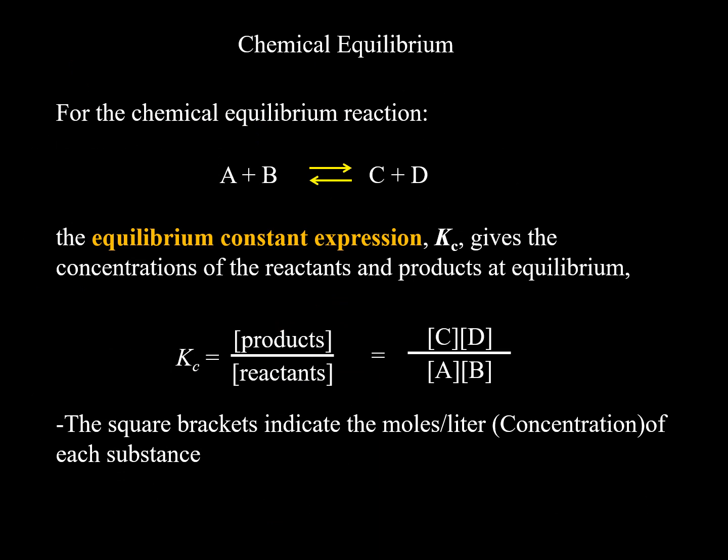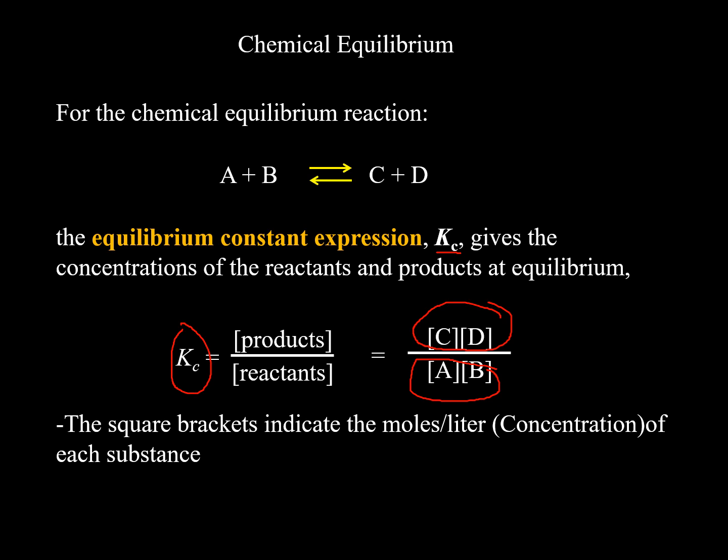You'll also touch this in the acid-base section, but we'll introduce it here. If we want to write an equilibrium constant, we call this Kc. So if we want to express a constant for this reaction, we would take the concentration of the products divided by the concentration of the reactants.